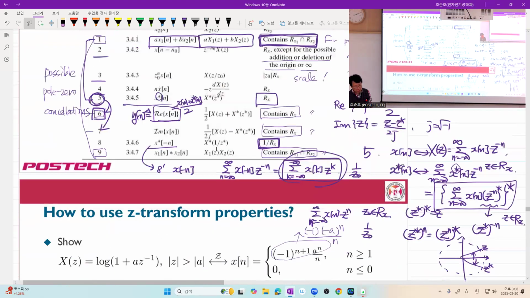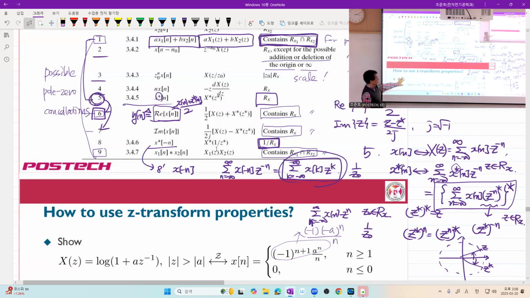Yeah. But now, let's use these properties, not just use power series directly. Okay. Of course, we need power series anyway. But let me give you a hint.